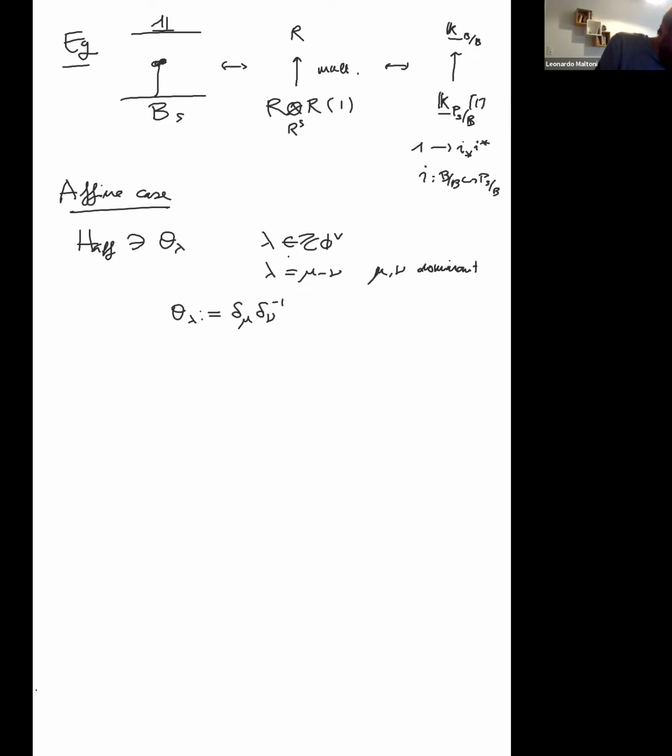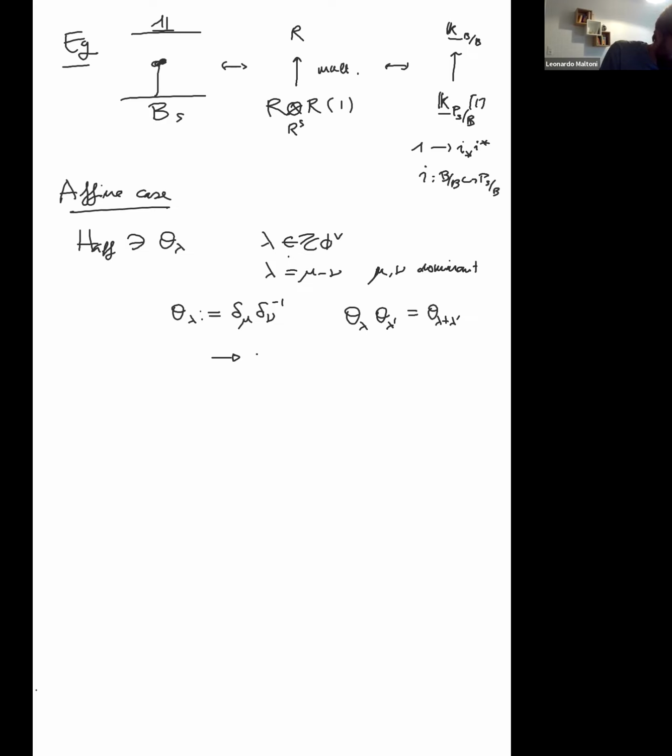And then one can show that this theta lambda has the property that theta lambda times theta lambda prime equals theta lambda plus lambda prime. So they form a commutative subalgebra of the Hecke algebra, which is extremely interesting and useful to study the representation theory of the Hecke algebra.